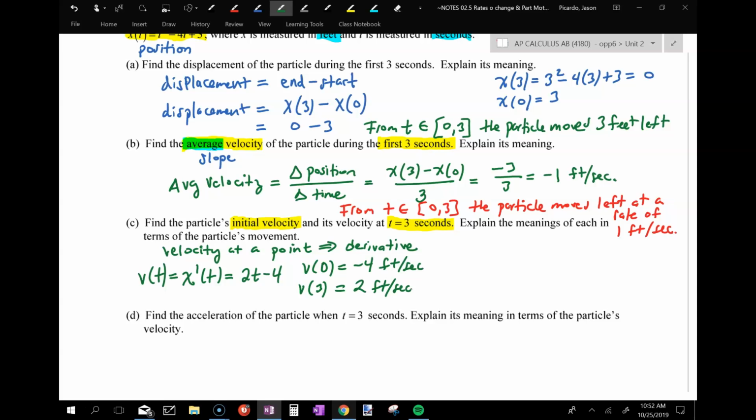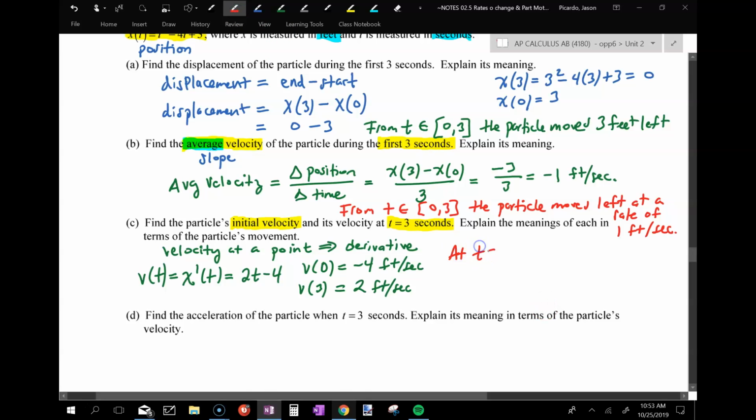So we're being specific about the fact that it's happening at an instant, right? At an instant. So at t equals 0, the particle is moving left at a rate of 4 feet per second.